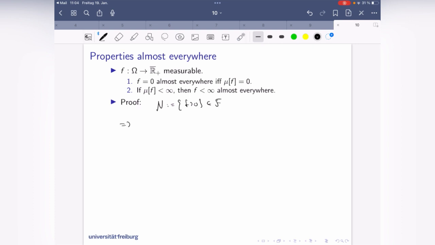And for 1, I have two directions. If f is 0 almost everywhere, then the integral is 0. First of all, the integral is non-negative because f is non-negative.